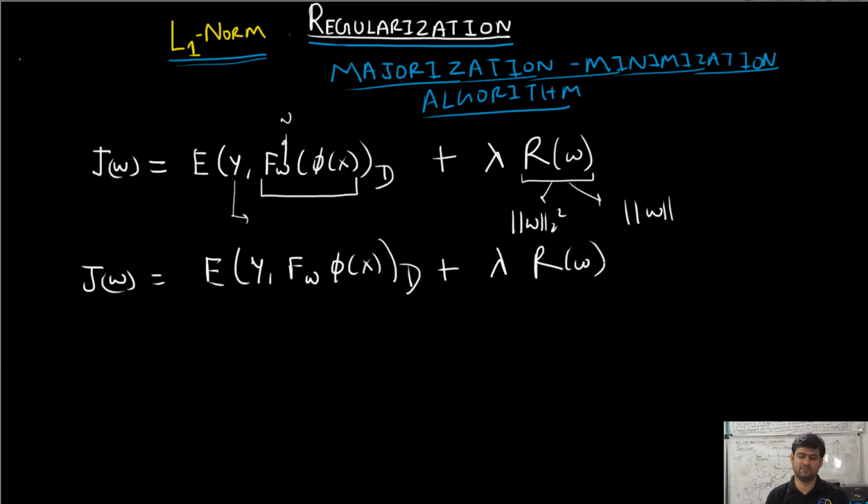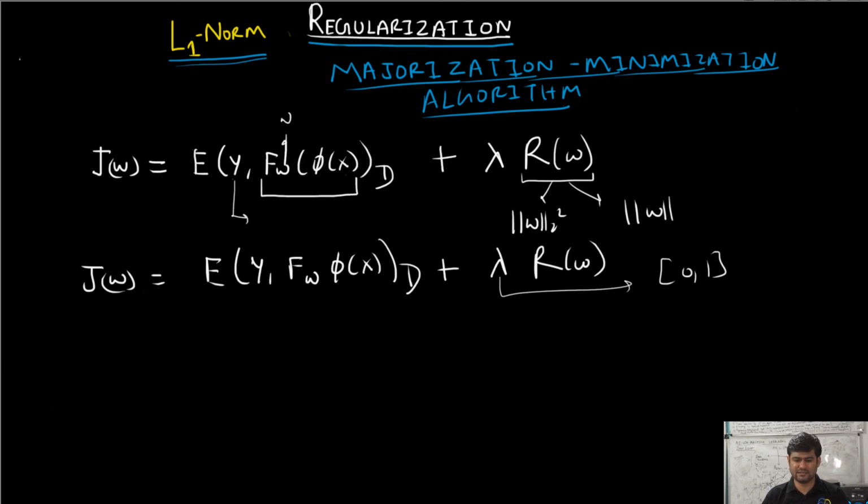It penalizes the model complexity, or the learnable parameter w, where lambda is a scalar between 0 and 1, or it can be more than 1 as well. We just took it between 0 and 1 because typically in regularization we select lambda between 0 and 1, but lambda can be any value greater than 1 as well.